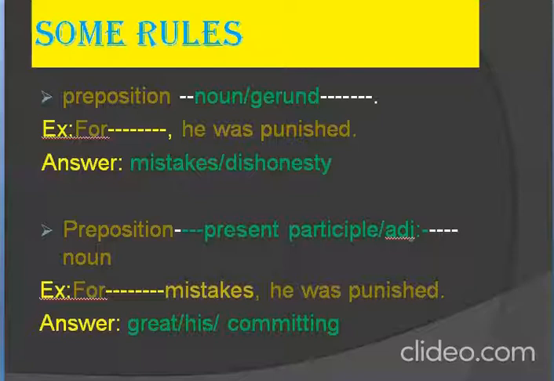In that case, use present participle or adjective to complete the gap. For blank mistakes, he was punished. For great mistakes, this is adjective, great. For his mistakes, this is possessive case, it is another adjective. Next, for committing mistakes, it is present participle.